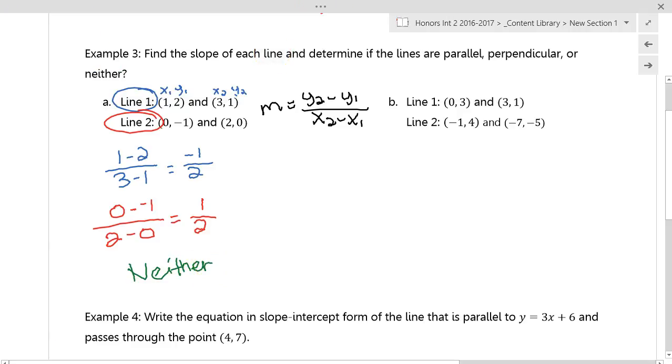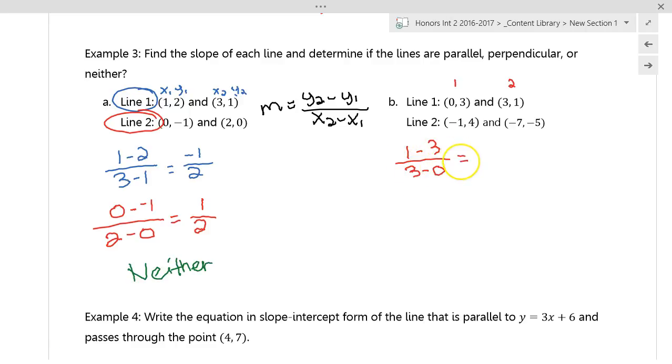Looking at B, this is our 1s and our 2s. So y2 minus y1, that's 1 minus 3, over 3 minus 0, that's negative 2/3, that can't reduce.